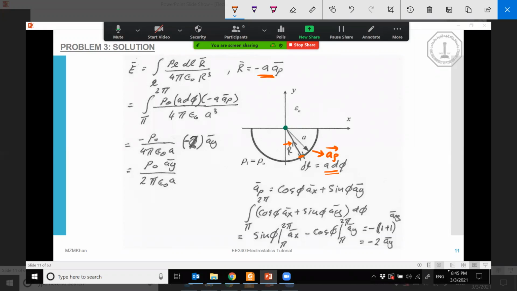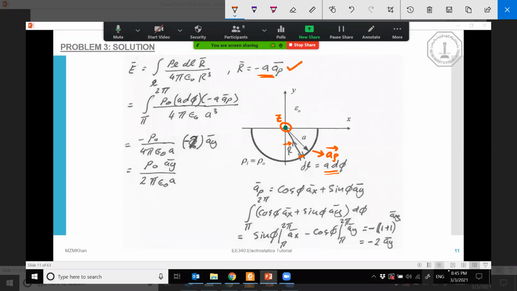Remember, my z is coming out of the screen, so this xy plane is where you can see your rho. It's a sort of a rho plane. So a_rho is in this direction, but my distance vector r is in the opposite direction, with a fixed distance a going from here to here. That's why it is a, and since it is opposite to a_rho, it is minus a.